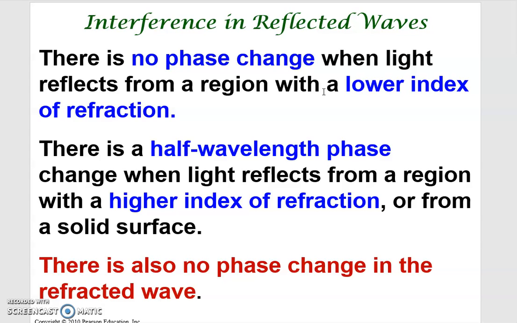But from a lower index of refraction to a higher index of refraction, there will be a half wavelength phase change. So this is the second parameter we should understand, after the path difference: the phase change due to reflections. A very important message is that there is no phase change in the refracted wave. It only happens for the reflected wave. This is the second important physics.